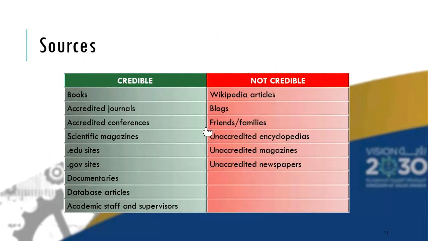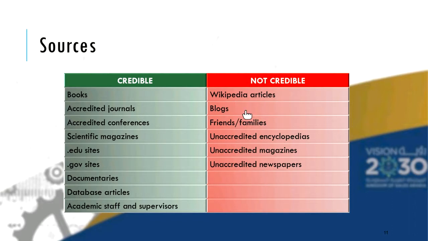On the other hand, do not use Wikipedia articles, because you know that anyone can edit Wikipedia articles. So in the academic world, we do not consider Wikipedia entries to be credible.